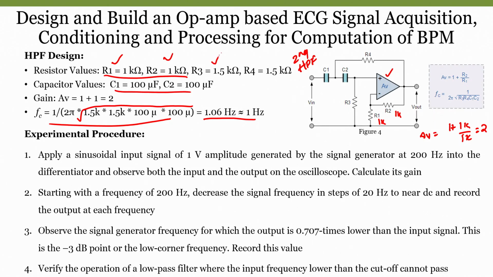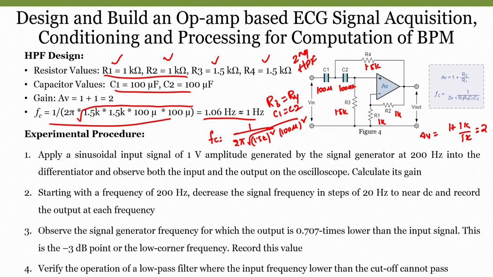Then we have chosen R3 and R4 resistance as 1.5 k each. And what about C1, C2? Both C1 and C2 we have used as 100 microfarad. So, when I calculate FC, it is 1 by 2 pi into root of 1.5 k square into 100 micro square, because R3 is equal to R4 and C1 is equal to C2.